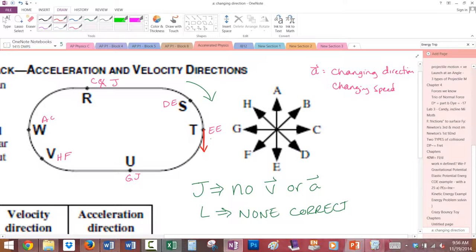Don't say it out loud yet. If this thing is staying in a circle, where does the push or pull have to be active? I want you to talk to your table mates.